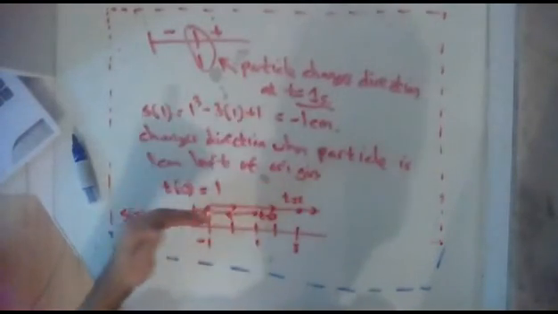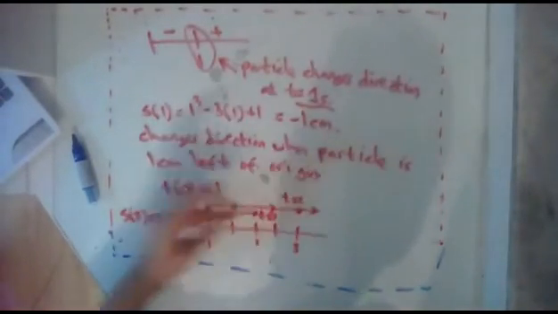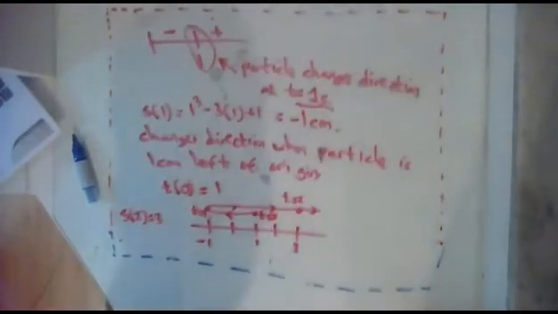And obviously if you're going to the right, if you've got a positive velocity and a positive acceleration, you're going along this line and you're speeding up as you do it, right? So whenever velocity and acceleration have the same sign, that is when the thing is speeding up.